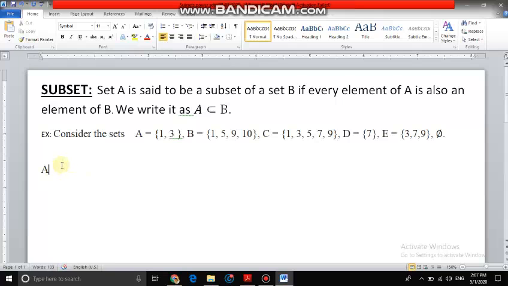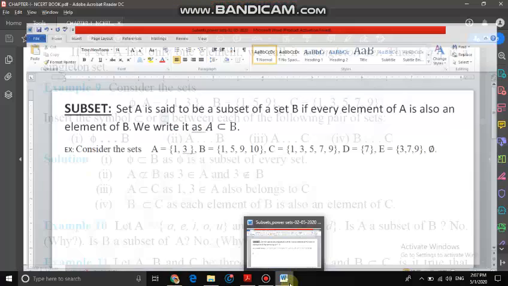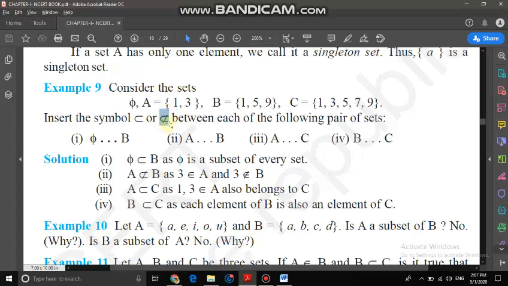I think that symbol is not coming when copied here. So just remember, this is A is not a subset of B.